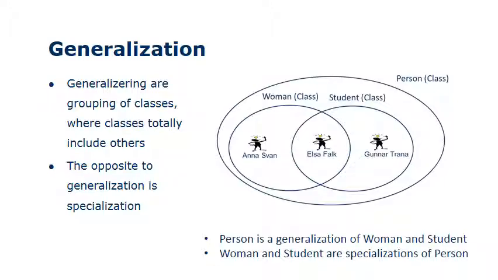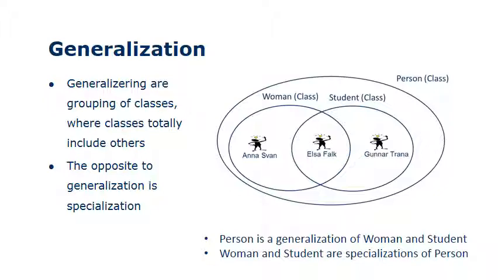Generalization, on the other hand, is actually grouping of classes where one class totally includes another. The opposite of generalization is specialization. Let's check the model in front of you. You can see that the class woman is totally included in the class person.